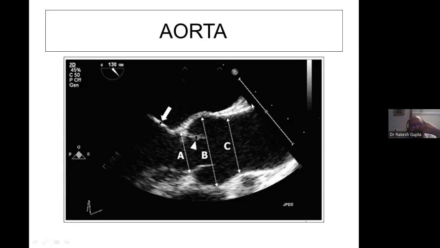We can't take a volume here because this is just one part of the RV. The RV has an inlet, an outlet, and the RV proper; the RVOT is also an area. It's like a hookah.